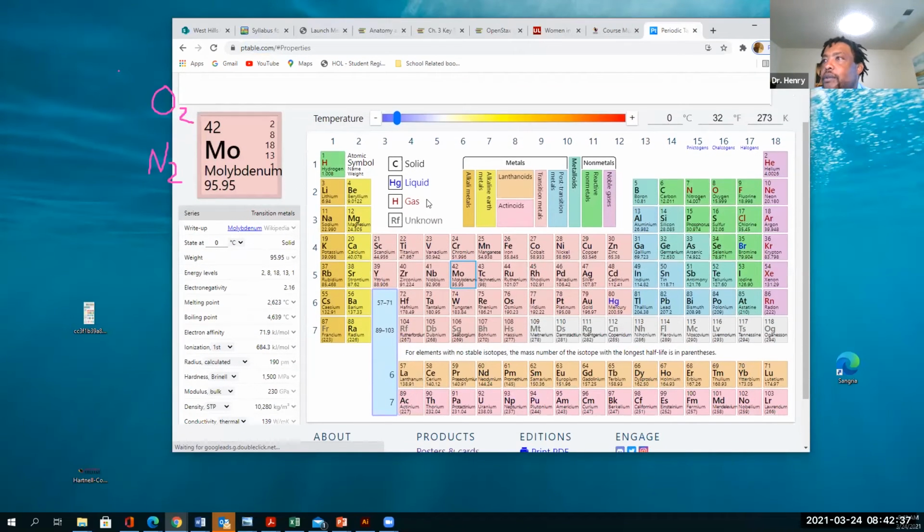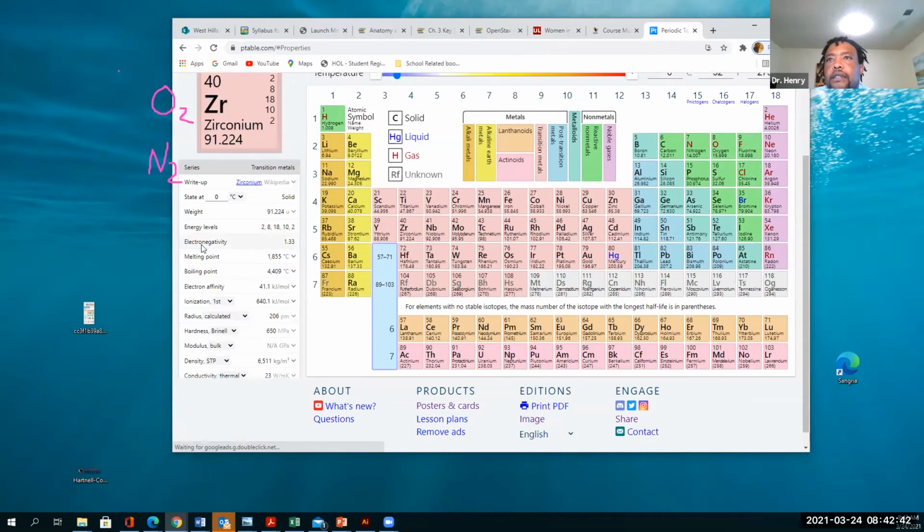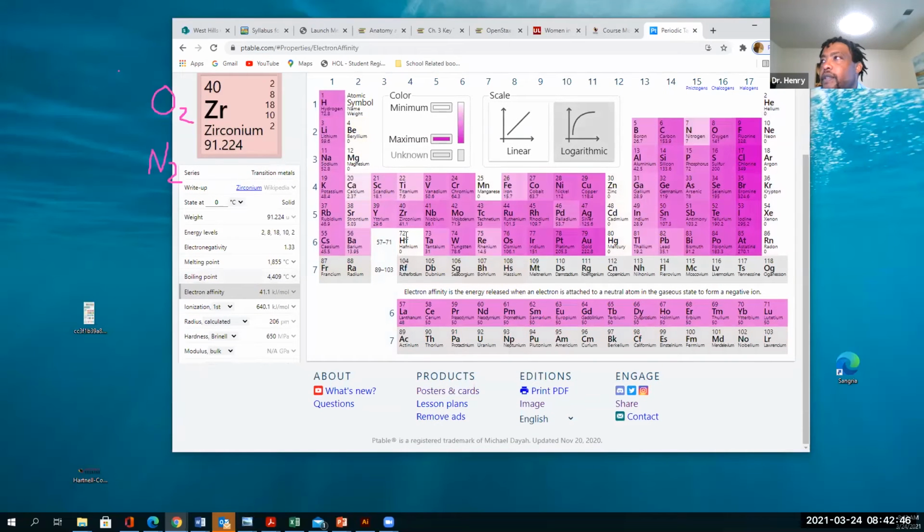Okay, so let's look at electron affinity. If you look at the trend, here's the electron affinity. And then you come over here, it goes up, and then nitrogen drops down, and then it goes back up. You see that?